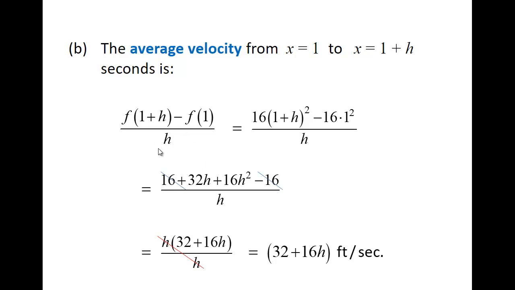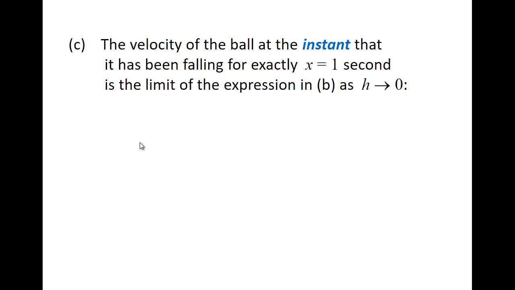So if h goes to 0, what is the limit of this average velocity as h goes to 0? If that limit exists, then that should be the instantaneous velocity. So the velocity of the ball at the instant that it has been falling for exactly 1 second is the limit of the expression f of 1 plus h minus f of 1 over h.